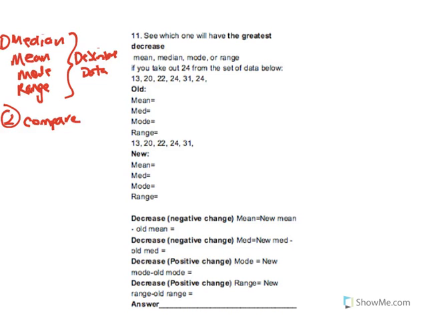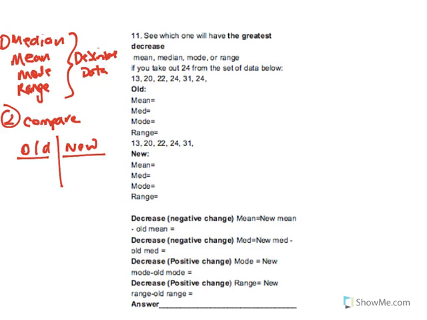So now we're going to find the descriptive data of the old set and compare it with the descriptive data of the new set. So this is our second thing that we learned. So it says, see which one will have the greatest decrease. We have the mean, median, mode, or range. By now we know how to find those easy.